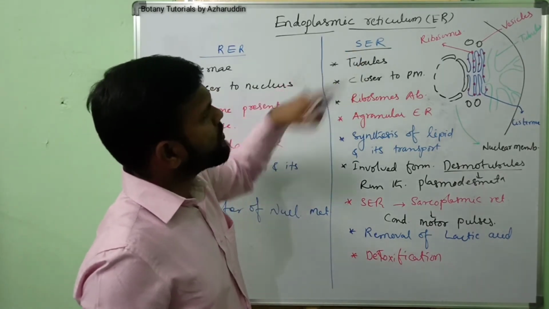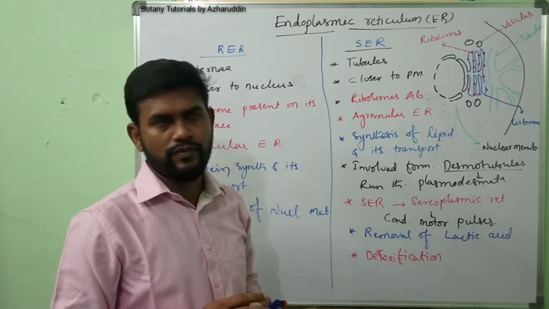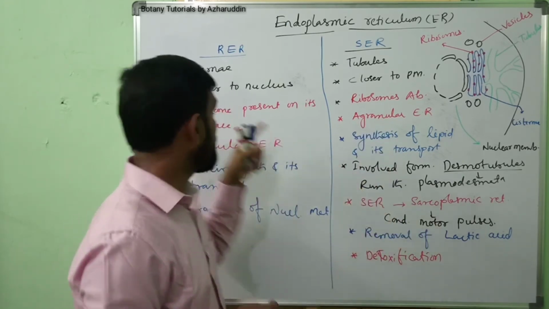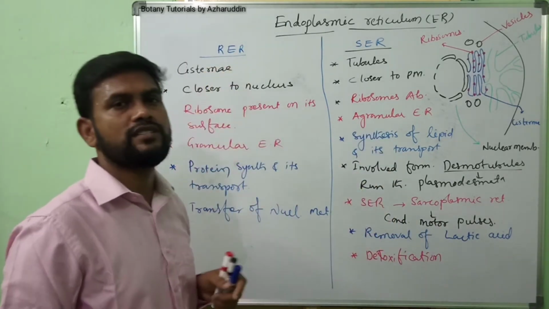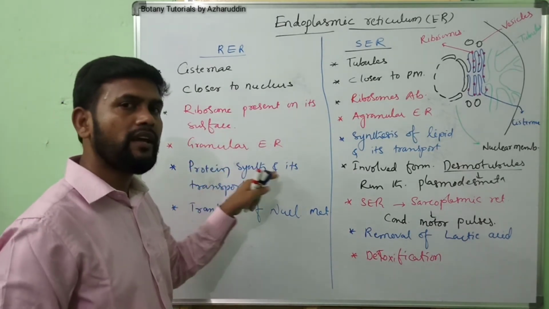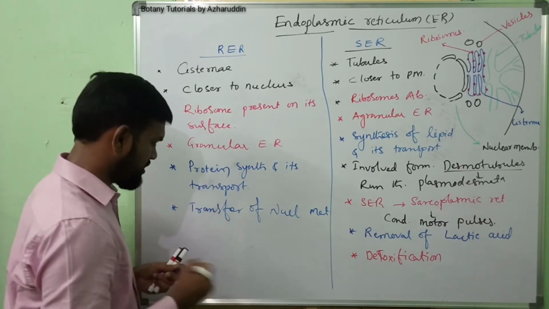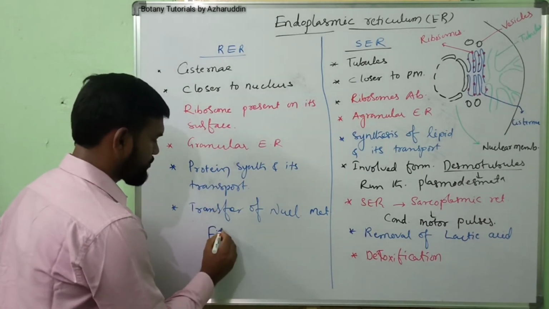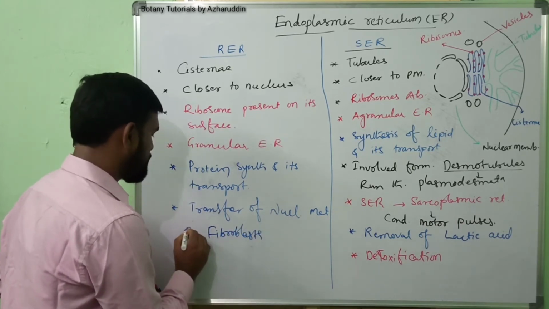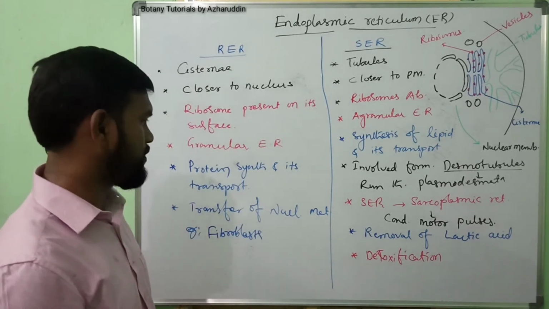Smooth endoplasmic reticulum is mainly found in liver cells or otherwise lipid synthesizing cells. Rough endoplasmic reticulum is mainly found in protein synthesizing cells. An example is the fibroblast. In fibroblasts, mostly rough endoplasmic reticulum is found.